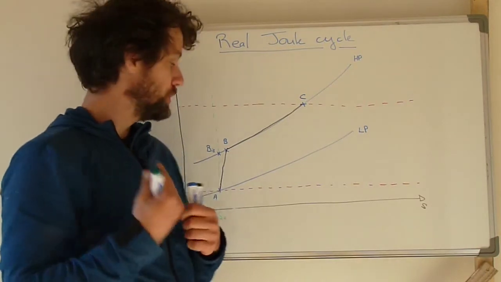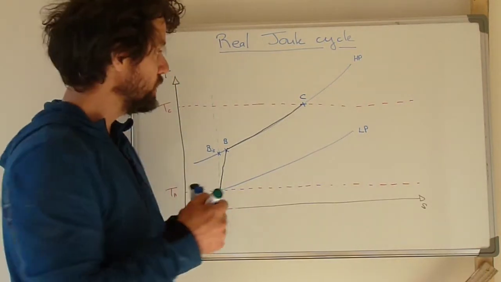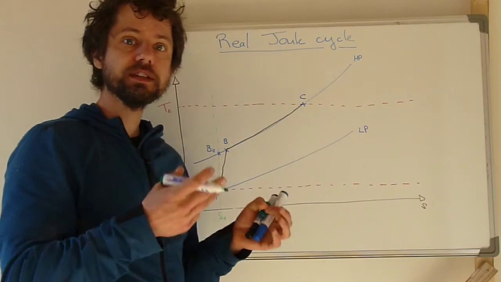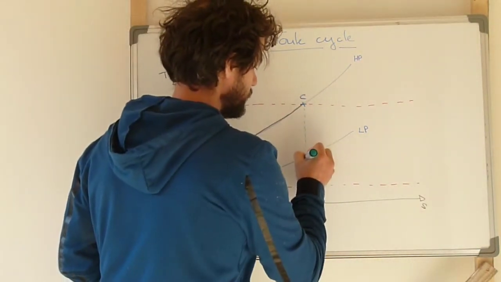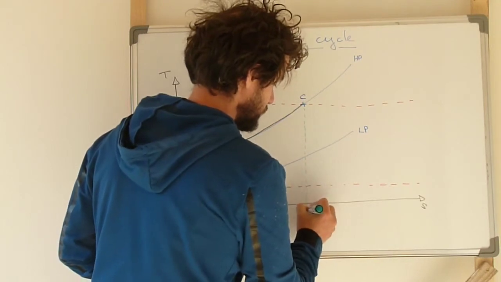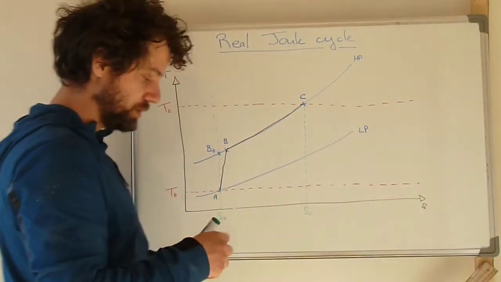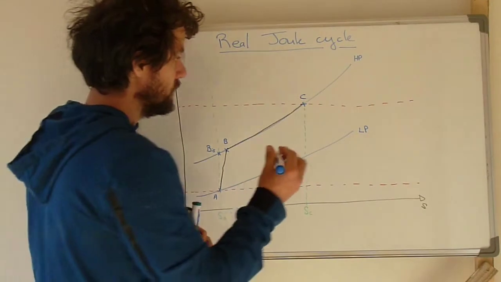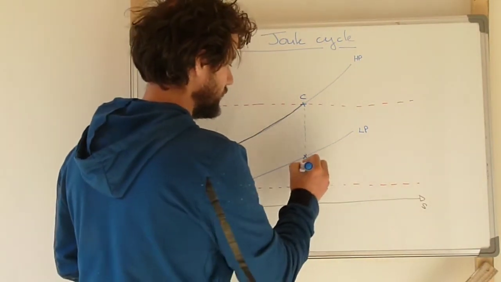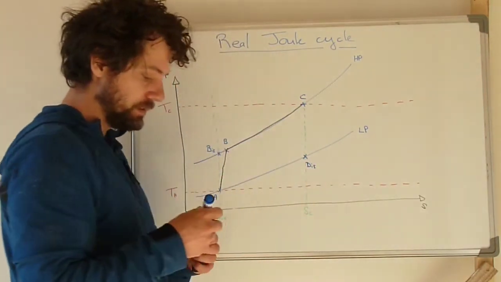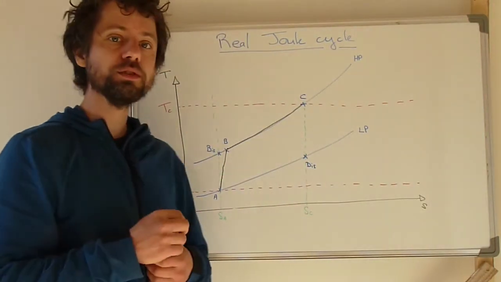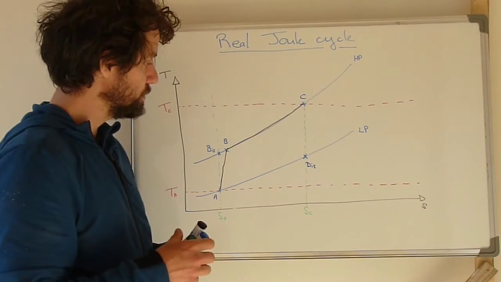Then from C to D, similar to what we have done for the compressor. We first consider a reversible adiabatic transformation, that is an isentropic transformation, and so we can plot here the specific entropy of point C, and the intersection with the low pressure isobaric line corresponds to this intermediate point, D isentropic, for the isentropic expansion.